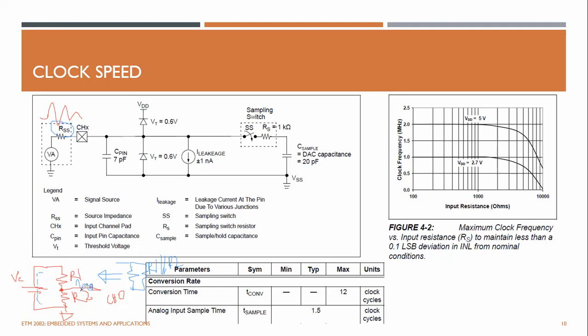If you have a voltage divider R1 and R2, RSS, this series impedance, is R1 parallel R2, since for small signals you can just short circuit the AC voltage source. VA is the voltage available from this pin, that is R2 times VCC divided by R1 plus R2. So whatever voltage you apply to any analog channel is equivalent to a voltage source and a series impedance.